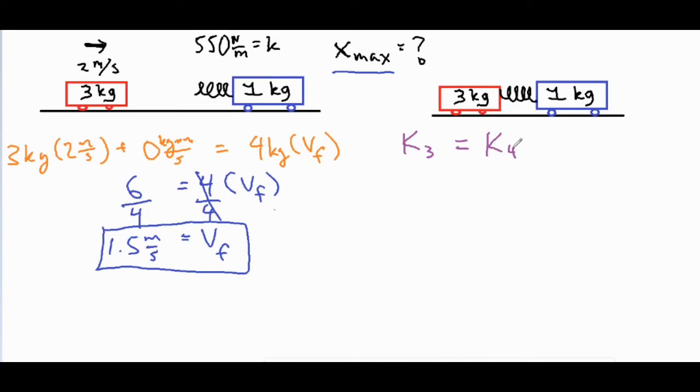So I'll put kinetic energy for the 4 kilograms total, and also some elastic potential energy, because that spring is going to get compressed. So let's go ahead and use our kinetic energy and elastic potential energy formulas, plug in everything we got, and see if we can come up with that maximum compression.